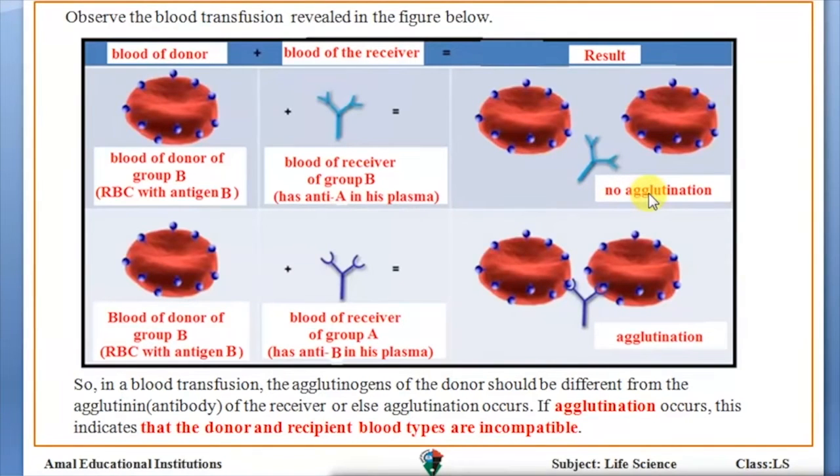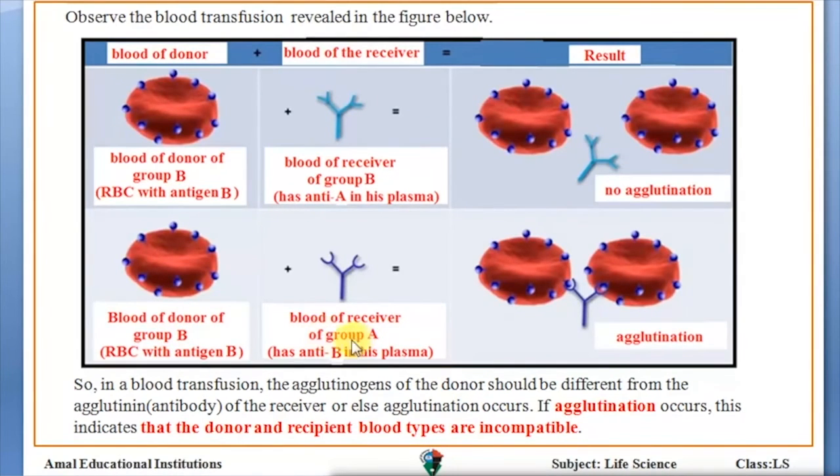In contrast to the second case, where the red blood cell of the donor coming from group B is mixed with the blood of the receiver of group A. The donor is of group B, and again, that person has antigen B. When this blood is given to a person of group A, the result is going to be agglutination. Group B to group A, different blood groups.